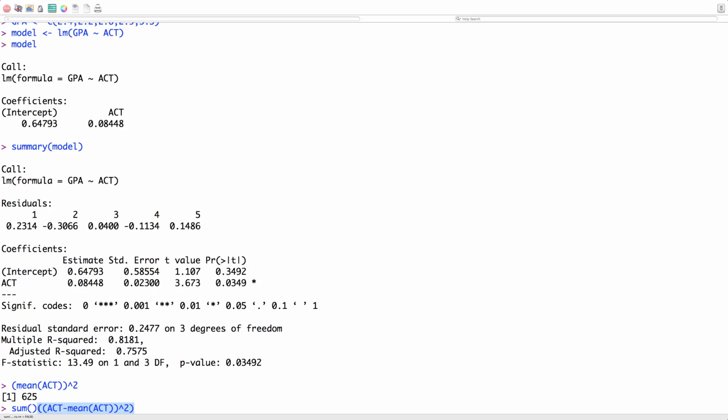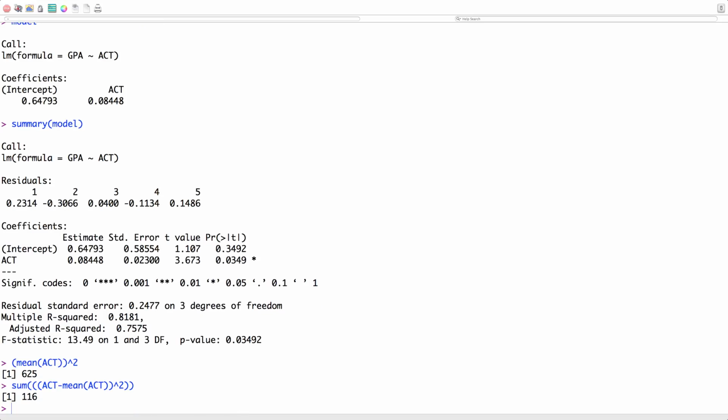I'm going to copy and paste that. I should have set that up initially. So when we sum this up, we end up getting 116. And guys, you can easily make these calculations on your calculator, but I don't have the TI-83 emulator installed on this computer, so I just make the calculations using R.